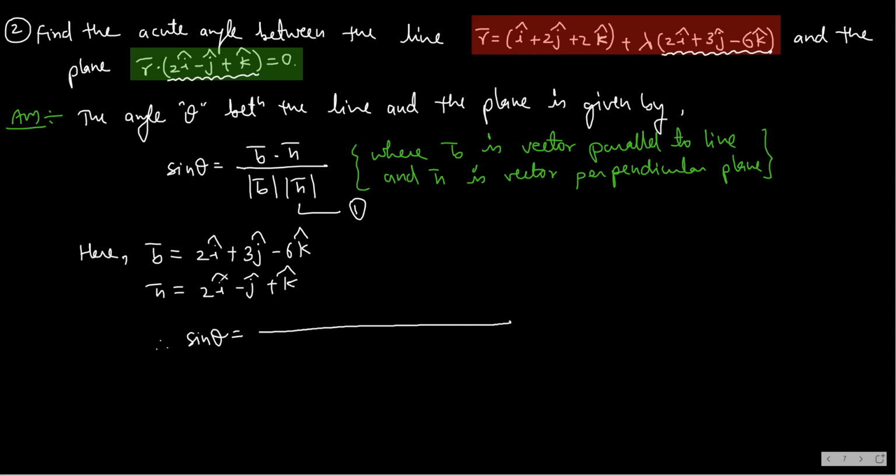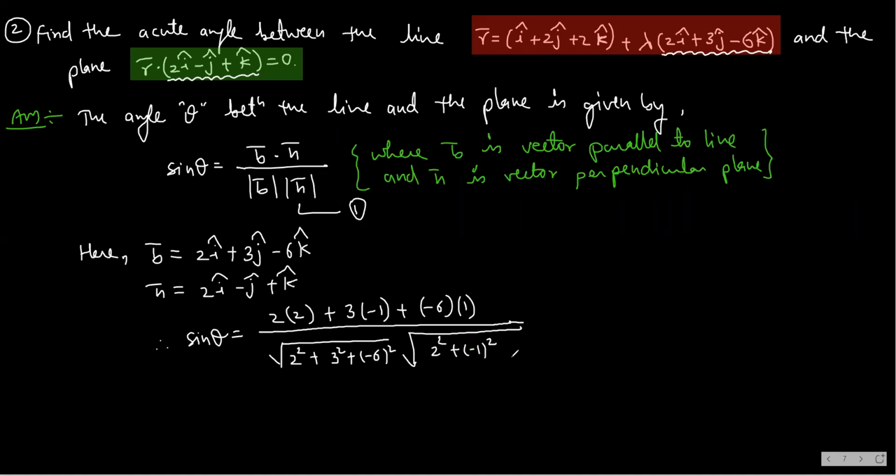It will be 2 into 2 plus 3 into minus 1 plus minus 6 into 1, upon square root of, you have here mod of b bar, so 2 square plus 3 square plus minus 6 square, and on this side you got 2 square plus minus 1 square plus 1 square. So you got here 2 into 2 is 4 minus 3 minus 6.